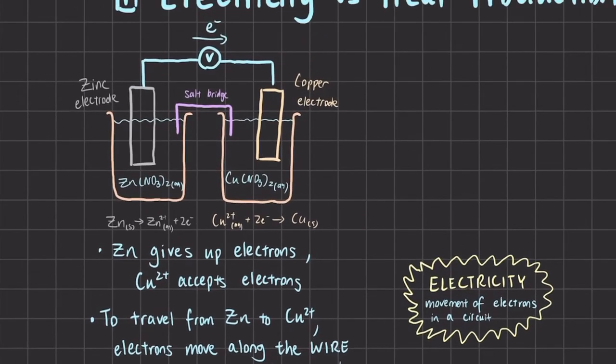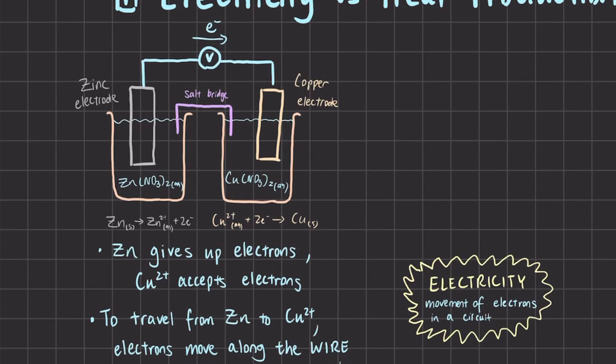That's why it's called the external circuit, because it's a path where electrons can move from the zinc half cell to the copper half cell. And this process of electrons moving along this wire results in electricity being produced. This is why if you put a voltmeter or a light bulb along this wire, it would light up as a result of the electricity flowing through the system.